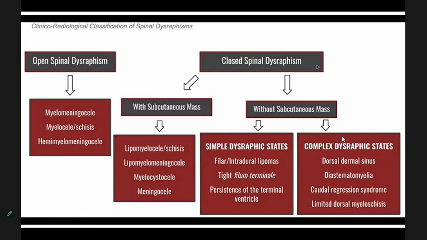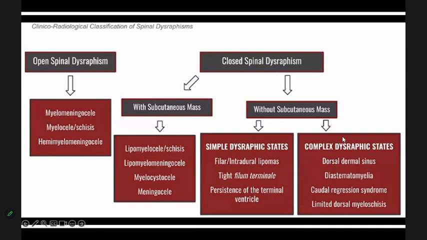Same as the previous slide, if you have the subcutaneous tissue involved, you have these structures which are involved. And if you don't have the subcutaneous tissue, but you have vertebral abnormalities, then you can have these simple and complex dysraphic patterns causing the abnormal presentations. Okay, right.